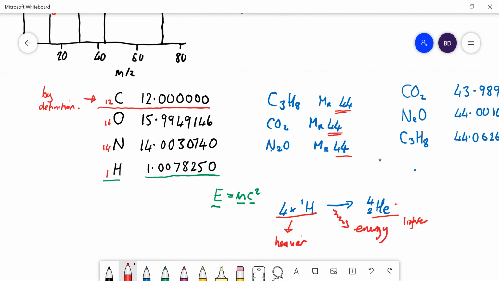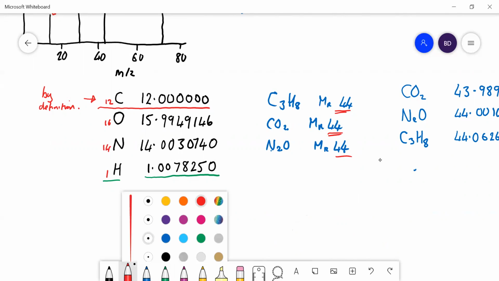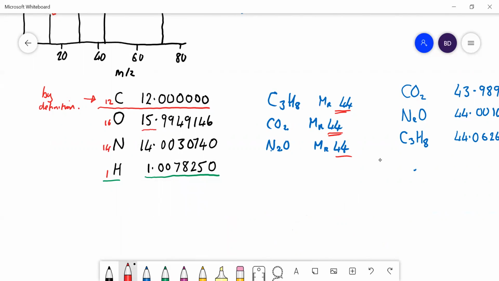All we really need to worry about is that these isotopes are not exact: oxygen is not exactly 16, it's a little bit lighter. Nitrogen is a tiny bit heavier than you'd expect, and hydrogen, 1H, is quite considerably heavier than you'd expect.